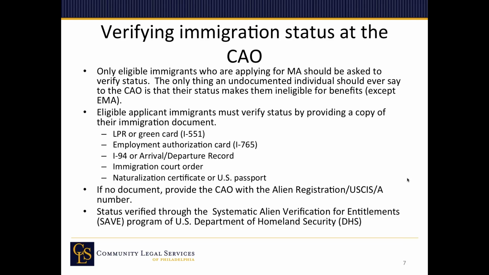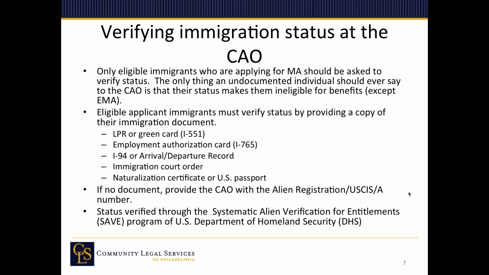And these two policies, Operations Memorandum 120502 for lawfully present kids and pregnant women, and the Information Memorandum that spells out eligibility for state-funded MA, are both part of your handouts today. So you should have them on hand. If you're working with these groups, please use them to get your clients on.